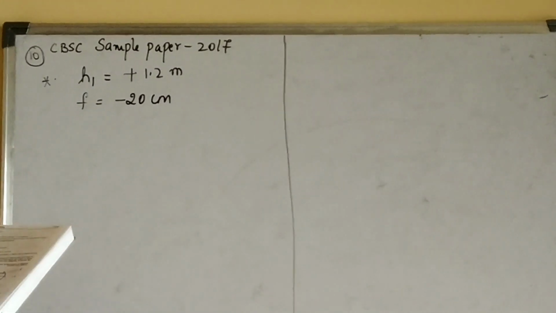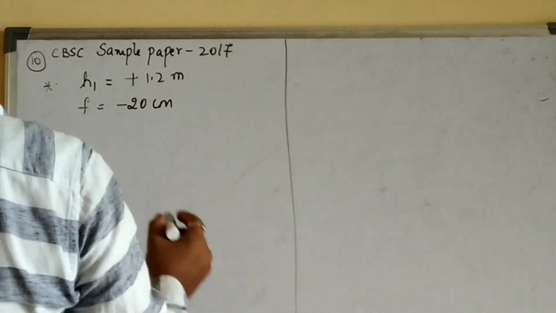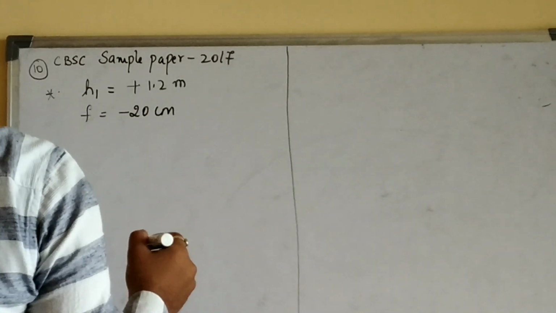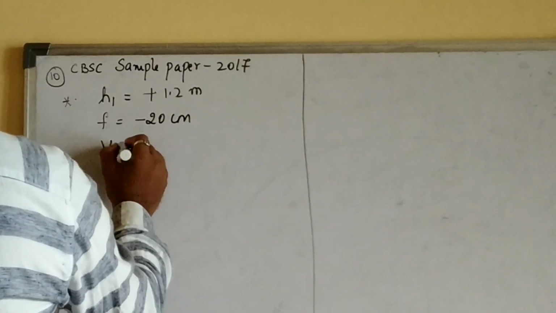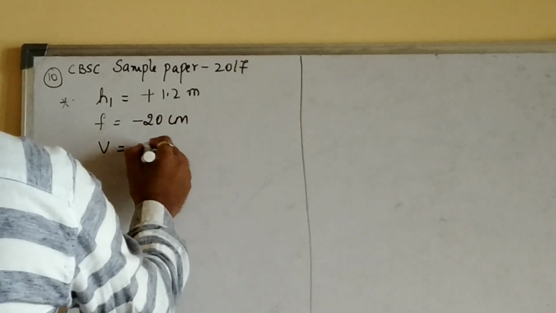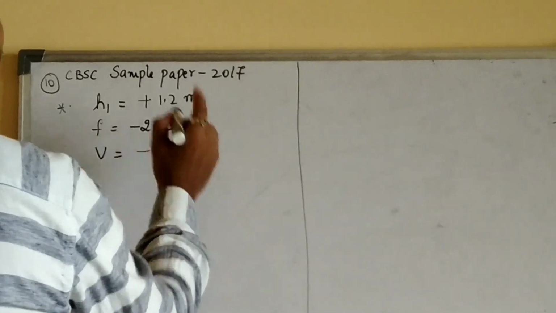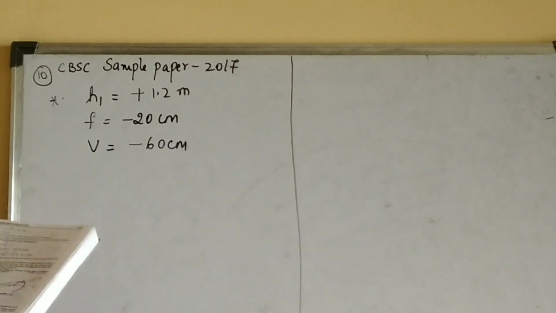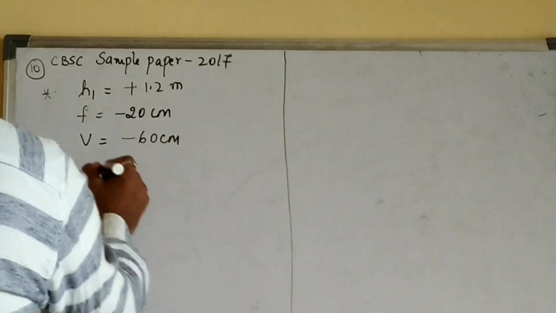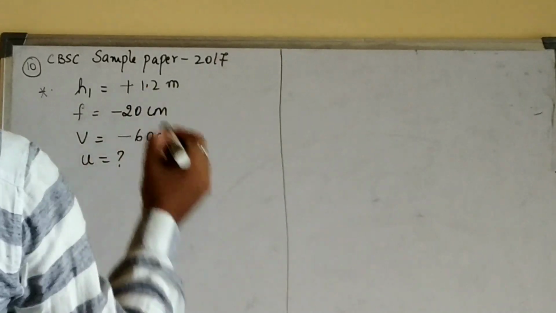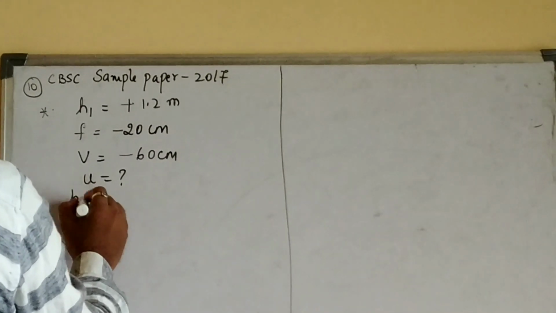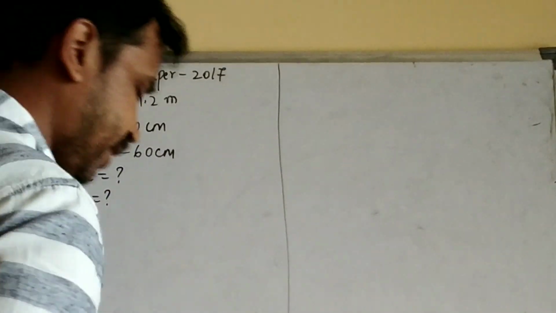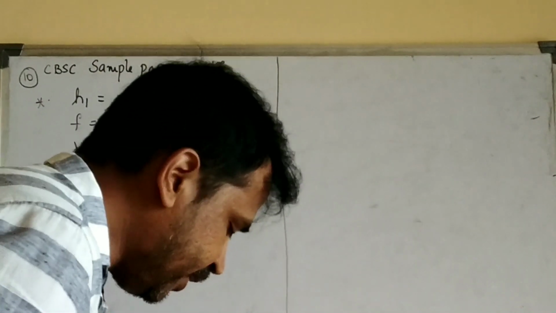So that the real image is formed at a distance of 60 centimeter from it, means you have got v is equal to minus 60 centimeter, because image is real, towards the left. Find the position of the object, means you have to find what is u. Then what will be the height of the image formed? Then you have to find out h2.